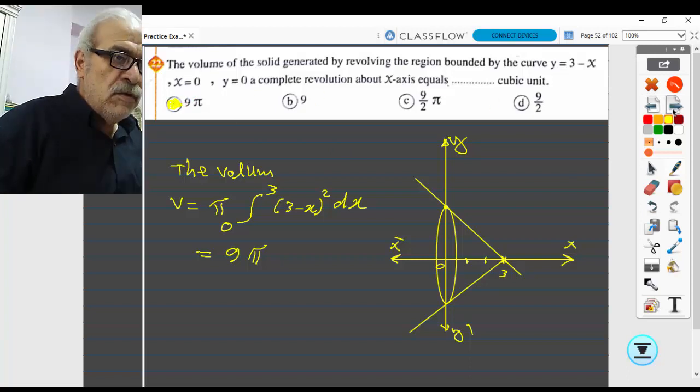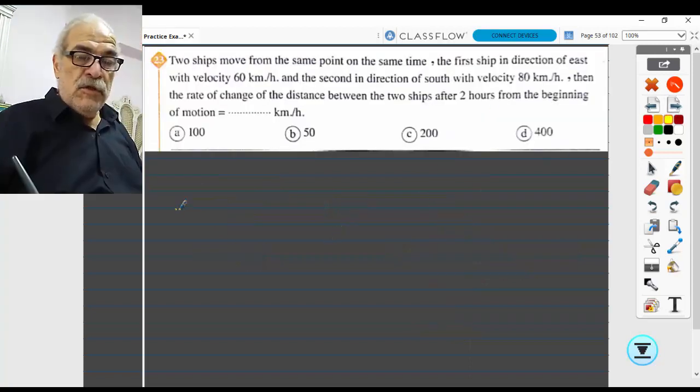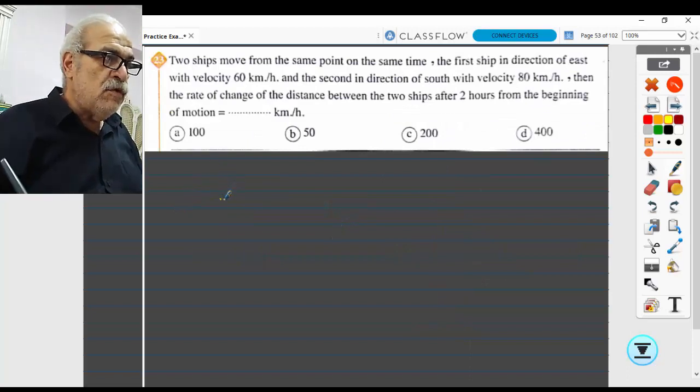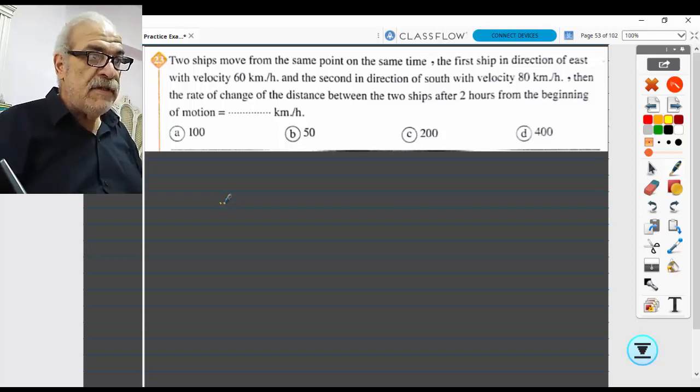Now, question 23. Two ships move from the same point at the same time. The first ship in the direction of east with velocity 60 km per hour, and the second in the direction of south with velocity 80 km per hour.